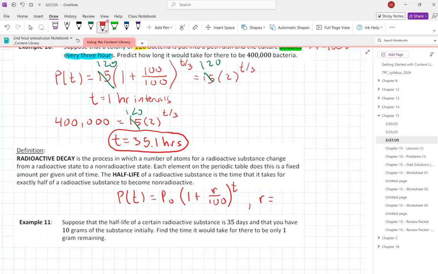Remember, it's got to be a percentage, not 25. Not 42. Not 50. You're close, but not 50. It's negative 50. Because what is this? It's decay, right? Everybody's okay with that?